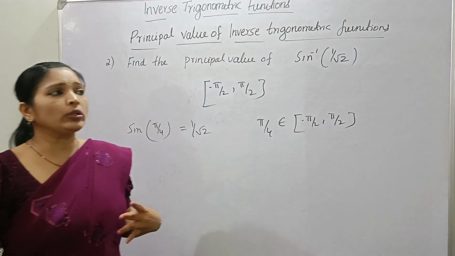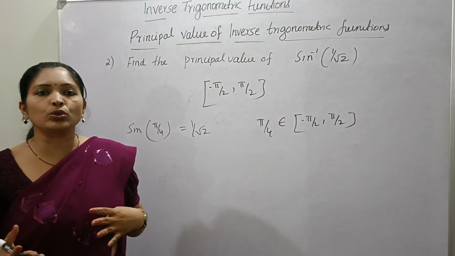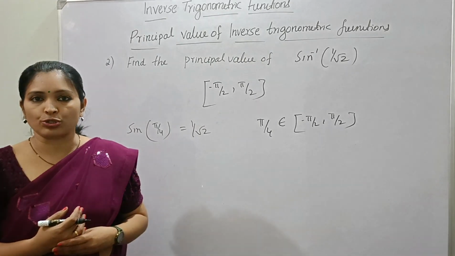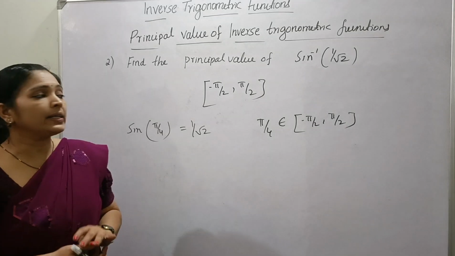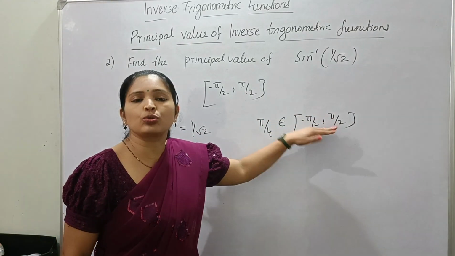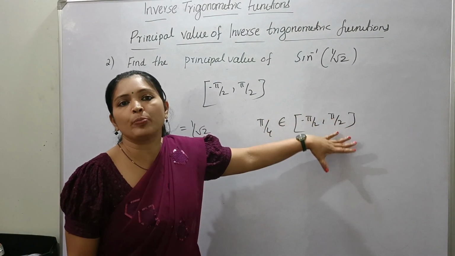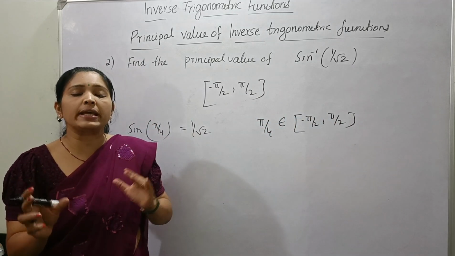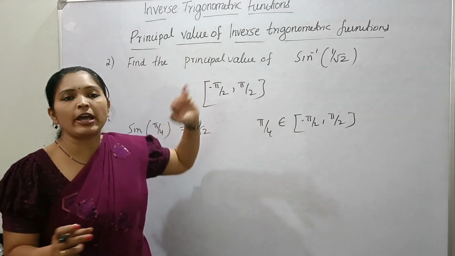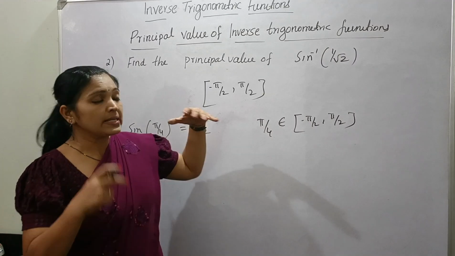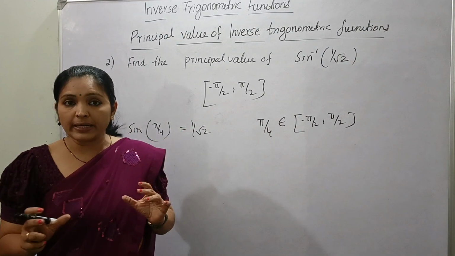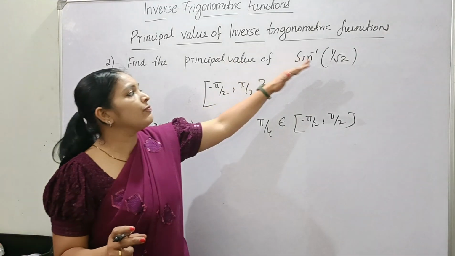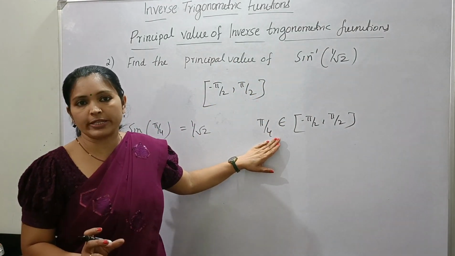And we know that sine inverse of 1 by root 2 is 3 pi by 4 also. Right? Sine 3 pi by 4 is also 1 by root 2. But here 3 pi by 4 does not belong to this interval, that is principal value branch. Therefore we cannot say 3 pi by 4 is the principal value of sine inverse 1 by root 2. Sine inverse of 1 by root 2 is 3 pi by 4 also, but the principal value is pi by 4 itself.